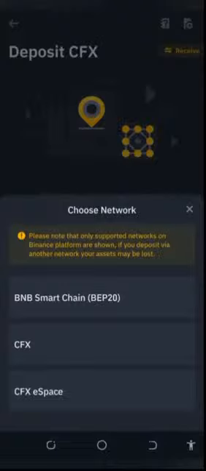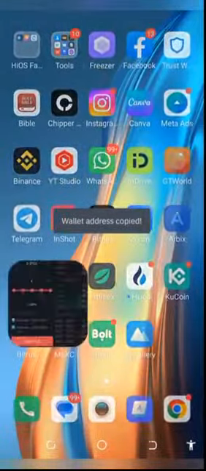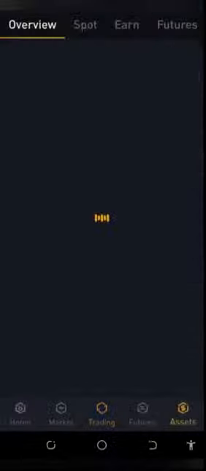Can you see how confusing this is? Can you see how confused I was? Because there's CFX and there's CFX eSpace. Anyway, I'm choosing CFX eSpace. And then I'm just going to copy that, go back to BuyTrue, and then I'll just go send it, right? That's all I'm going to do. I'm not going to keep it.